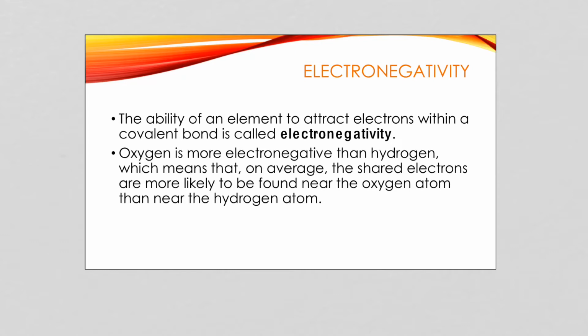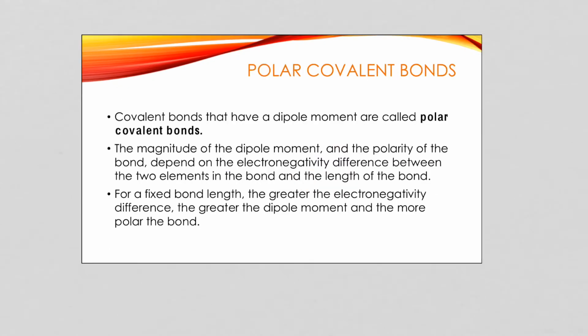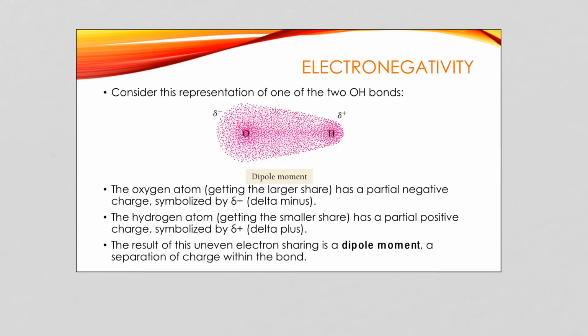Oxygen is more electronegative than hydrogen, so it has a higher ability to attract the electrons, which means, on average, those electrons that are, quote, shared will be closer to the oxygen than to the hydrogen. So they're going to be pulled over to the oxygen side, creating what we might call a polar bond.